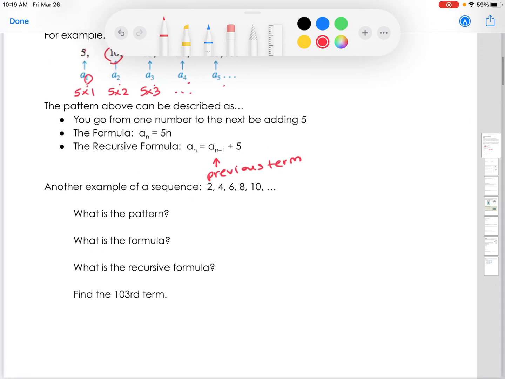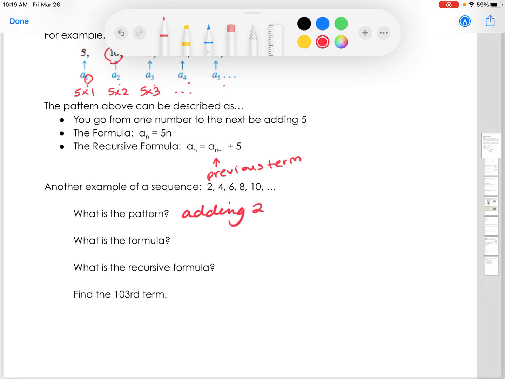All right, so another example would be 2, 4, 6, 8, 10, and so on. So what's the pattern? Obviously we're counting by 2s, so we could say the pattern is adding 2 each time.